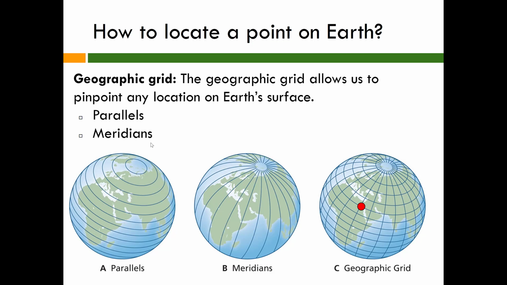It's not longitude and latitude yet, but before we define that, we need to know what the parallels are and what the meridians are. You put them together and you have this grid, and each intersection between one parallel and one meridian is your location.